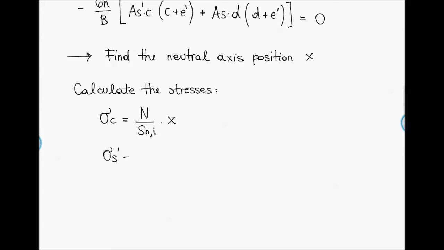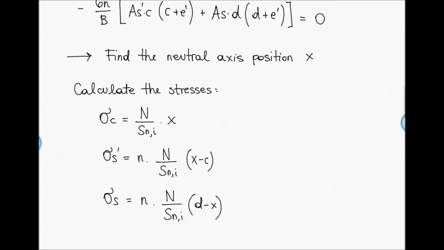Sigma s prime is equal to n, the homogenization coefficient, by N over Sni by x minus c. And finally, sigma s is equal to n, the homogenization coefficient, by N over the static moment Sni, multiplying d minus x. And we have also found the stresses on concrete and on the steel reinforcements in case of high load eccentricity.